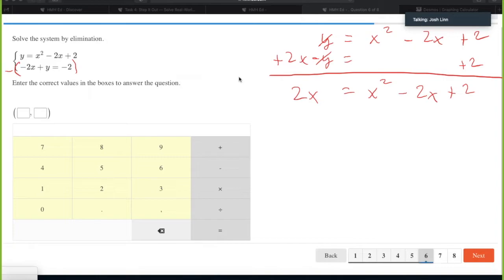So we're going to move our 2x over to the right. So we're going to have 0 equals x squared minus 4x plus 2. And let's see, can I factor that? No, I don't think I can, which is unfortunate. I wish I could have.